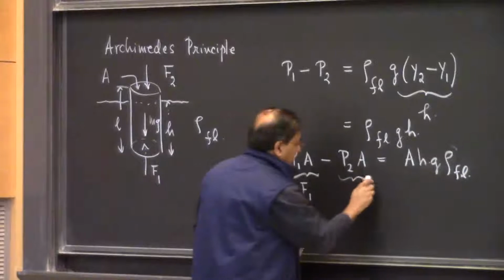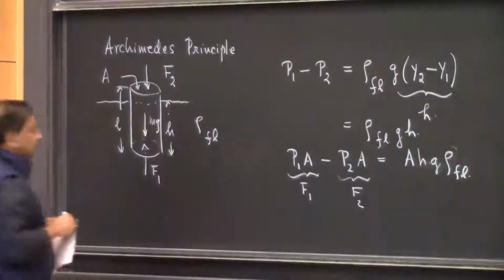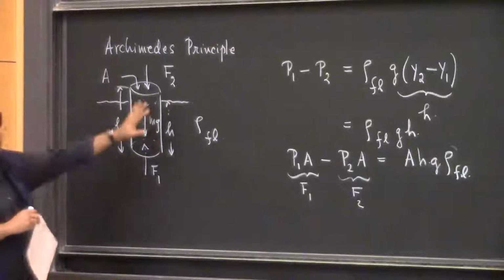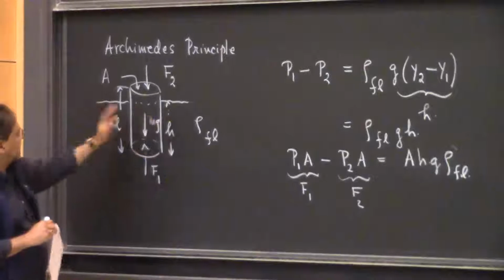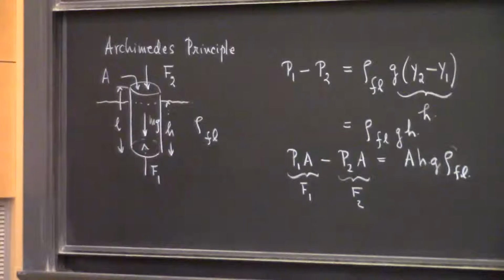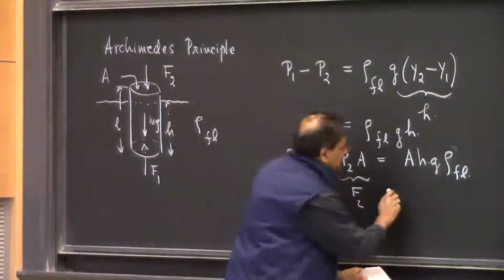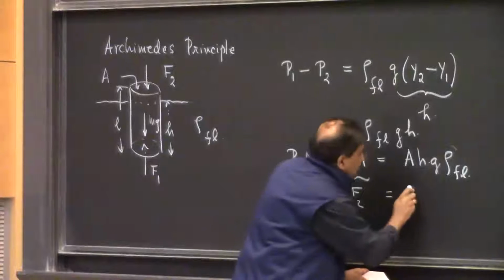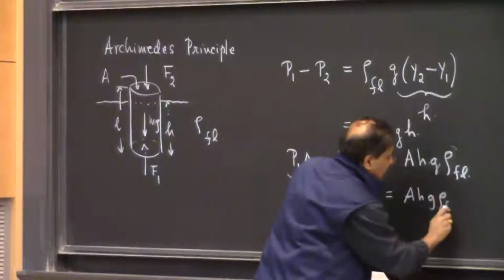And this one would be the downward force, F2. This F1 is coming because of the liquid itself. It'll obviously be applying some kind of pressure everywhere, and so there would be a force involved here. And the idea is that F1 minus F2 then would be equal to A, H, G, rho fluid.